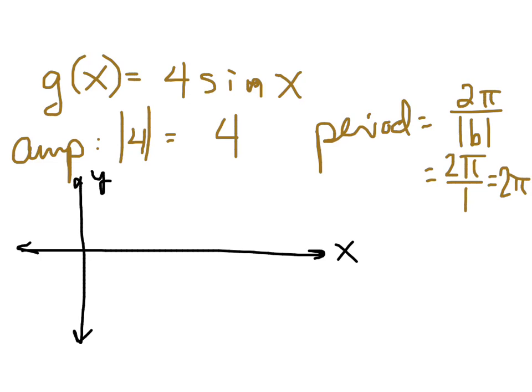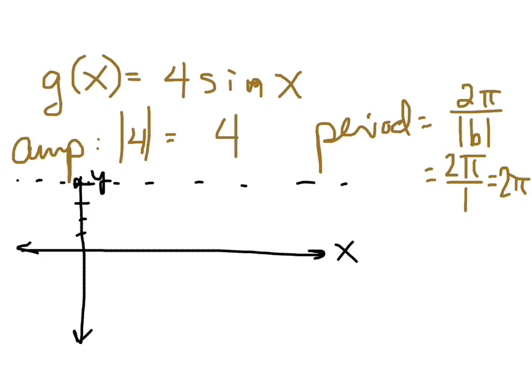As far as the amp goes, the amp was the distance from the x-axis to the top, or the x-axis to the bottom. So when you told me that amp was 4, that means I'm going to go up 1, 2, 3, 4, and make a dashed line.